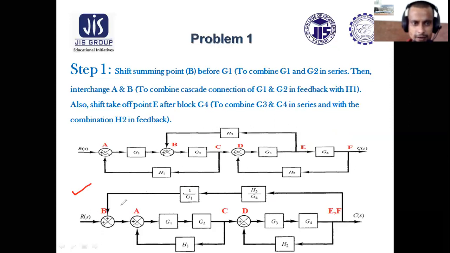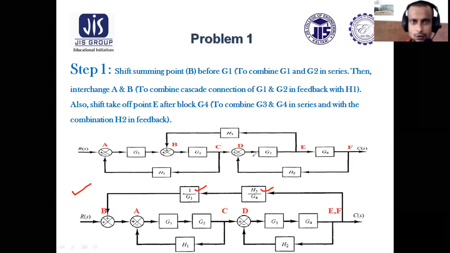What are the changes we have made? We have shifted B here, then A and B interchanged. We have shifted the takeoff point here. Accordingly, this H3 is H3 by G4 and 1 by G1 is introduced in the system.